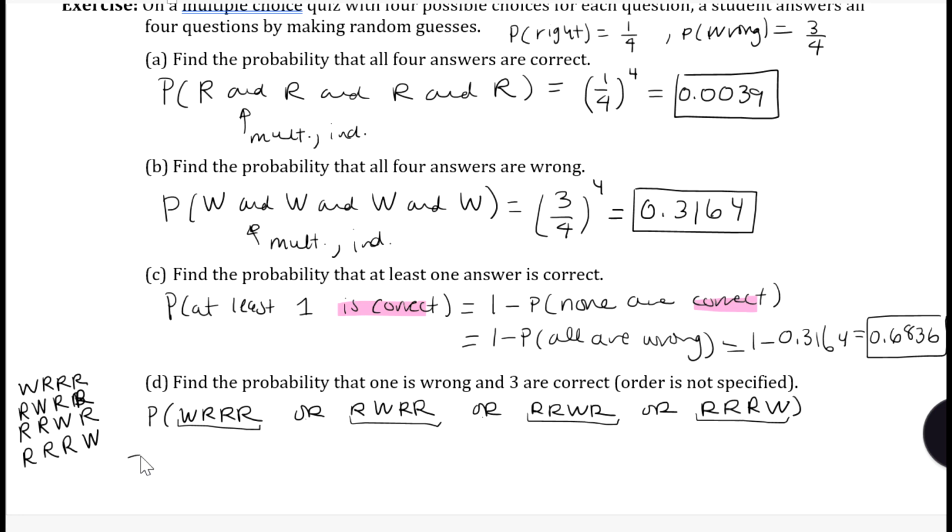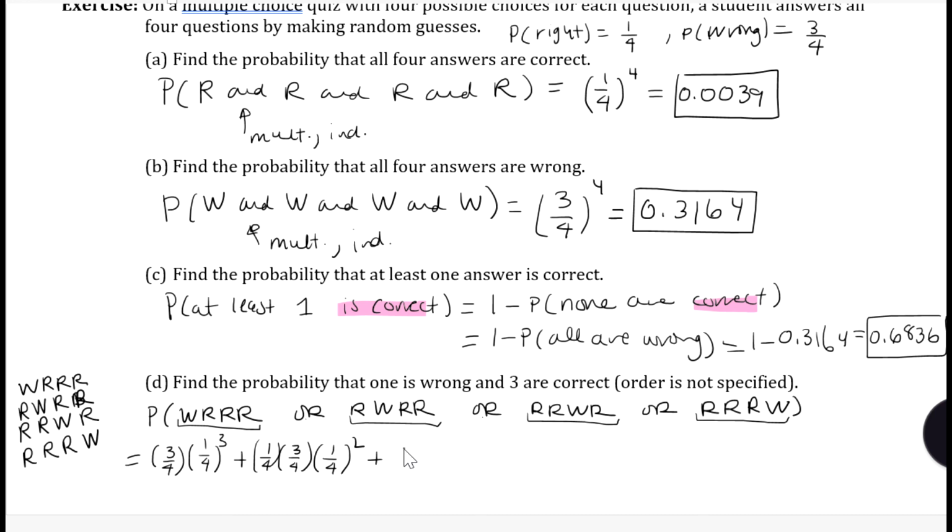Okay, so we're going to have being wrong is going to be 3/4, and then we're going to have 3 right, so we're going to have 1/4 cubed. And then we're going to add that to the next one. So I'm going to have 1 that's right, so it's going to be 1/4 times 1 wrong times 2 that are going to be right.